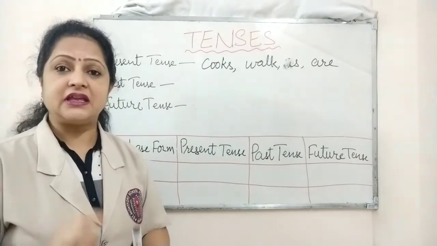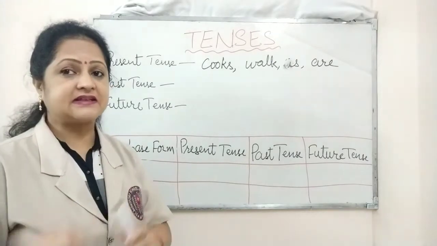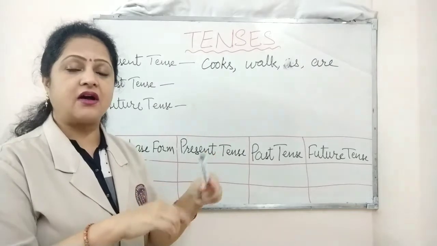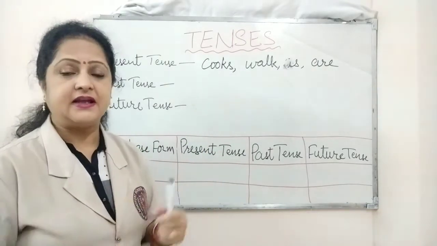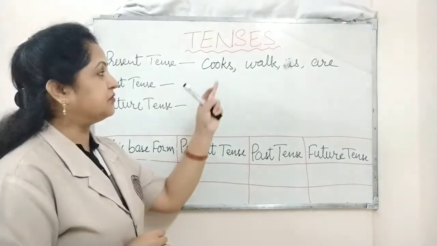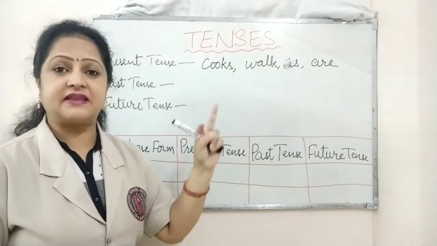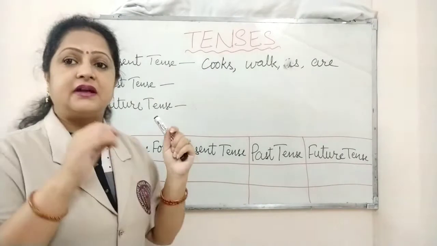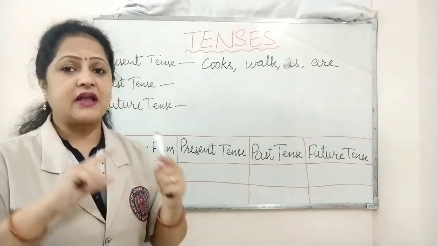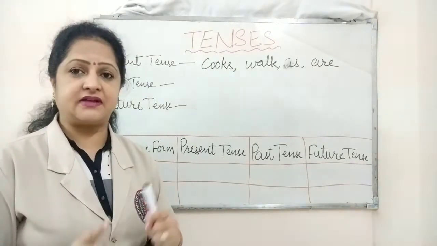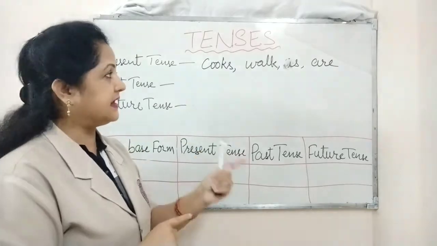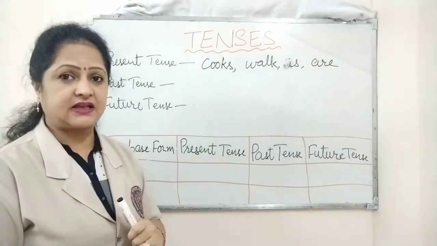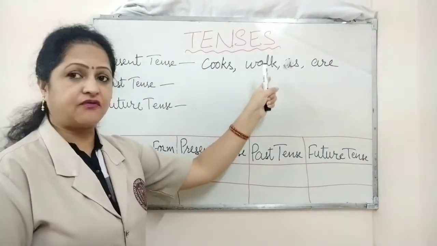If the subject is given as he, she, it or any singular number, in that case we use s or es with the base form of the verb. And if I, you or any plural number is given in the subject, then in that case we don't use s or es with the base form of the verb.